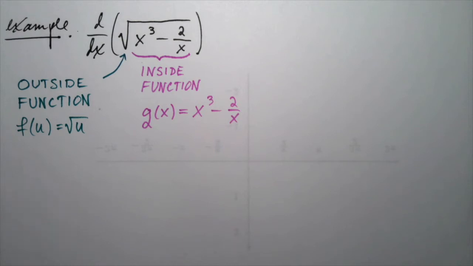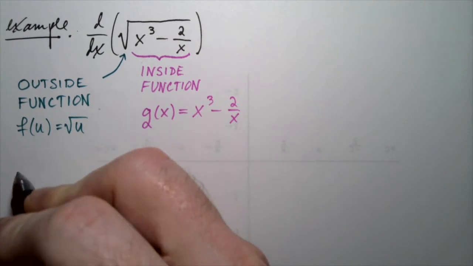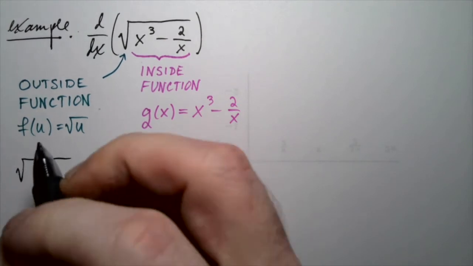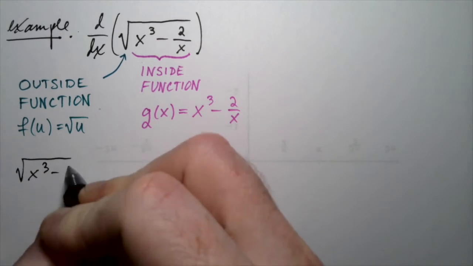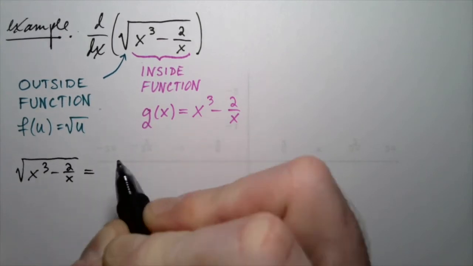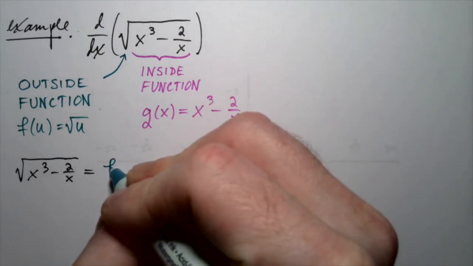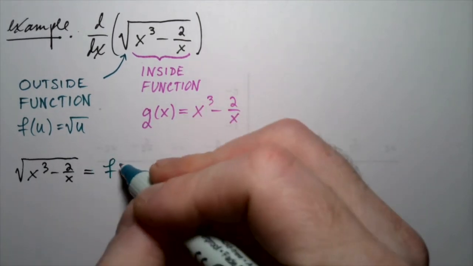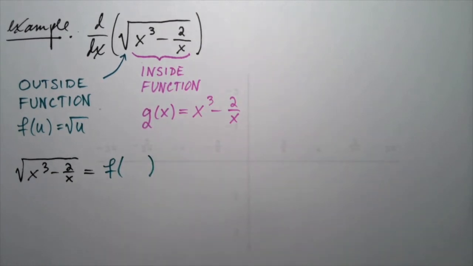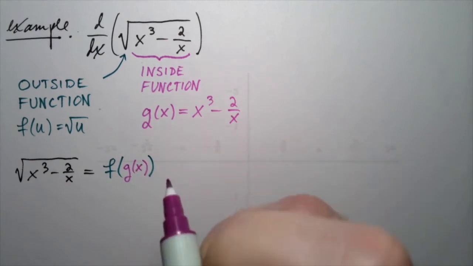So just to make things abundantly clear, notice that the overall function, without the derivative, I'm just thinking about the function itself here just to illustrate what I mean. This is precisely the composition of f with g. Check it out. If I plug g into f, then I'll get this original function, right?